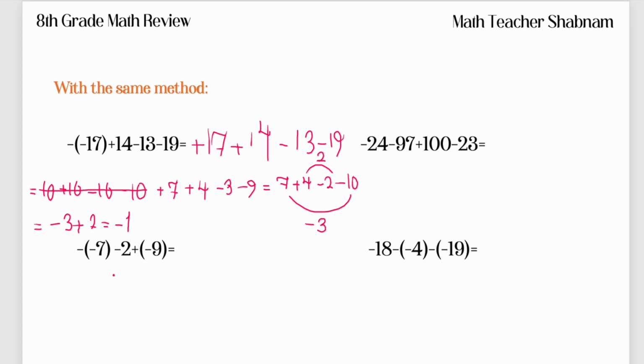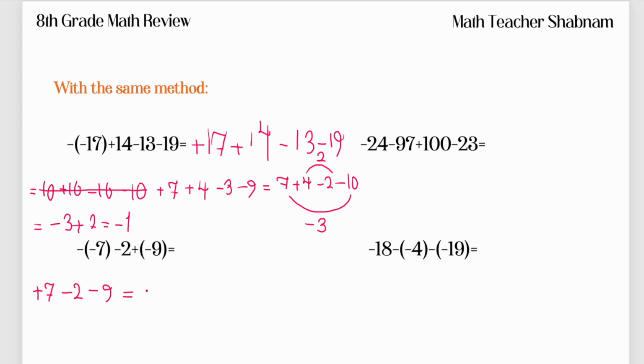Perhaps we can try that another time. Let's try that again. Negative 7 is positive 7. Minus 2, positive negative 9 is just negative 9. Now, let's see.